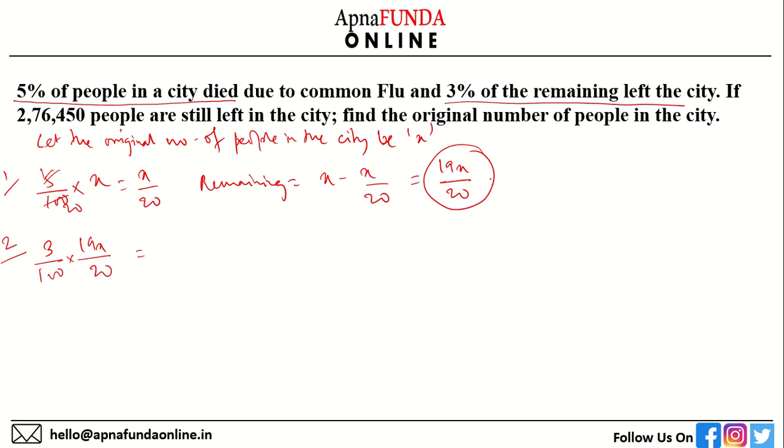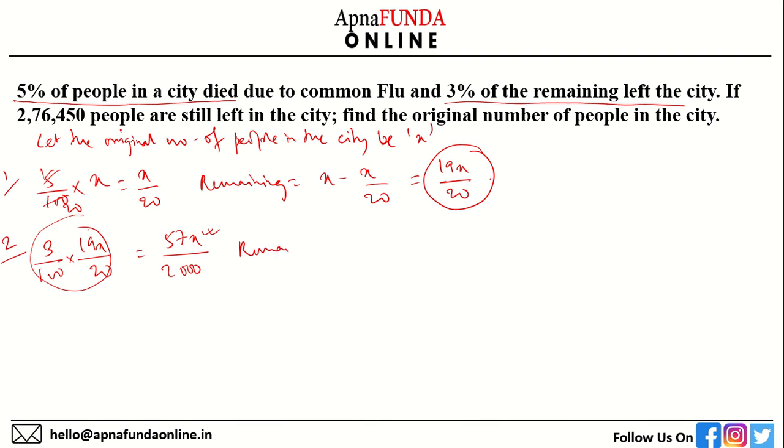So this will give me 57x by 2000. I hope you are able to follow. We cannot do any calculation over here. So we have to bring our expressions as 57x by 2000.